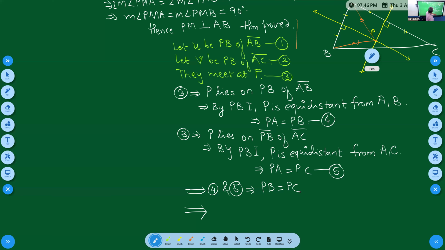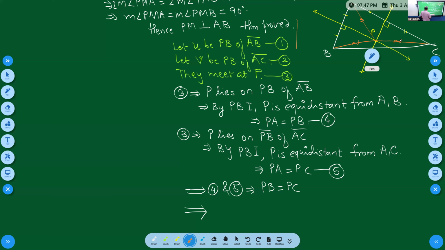Okay, after we have written this PA is equal to PC, we must have shown here that yes, this is also equal to PA. So PA equals PB by statement 4, PA equals PC by statement 5. So we decorate our figure accordingly and now realize that PB equals PC.